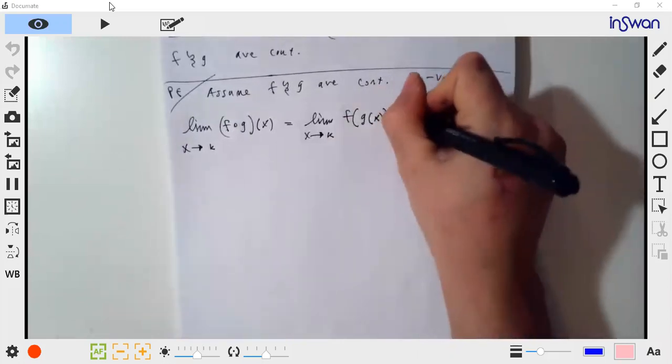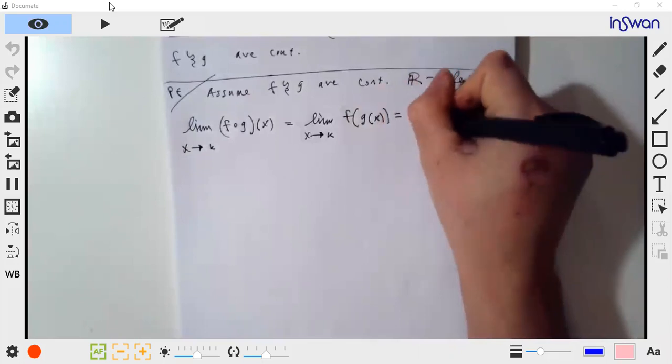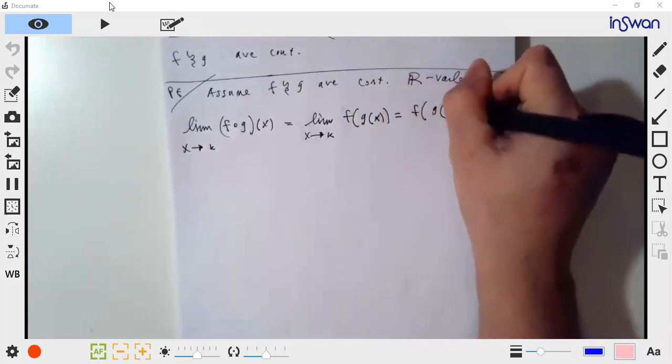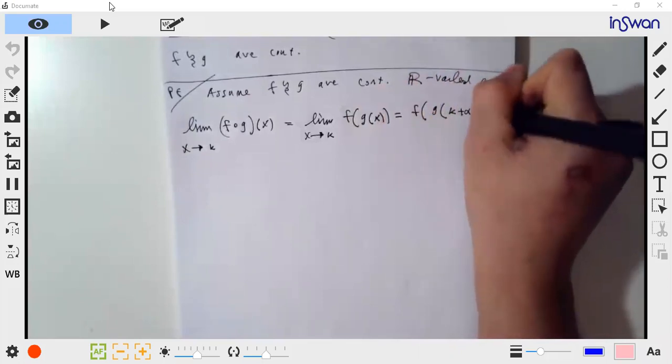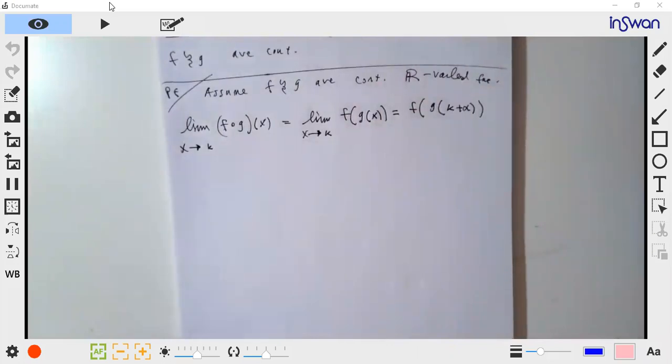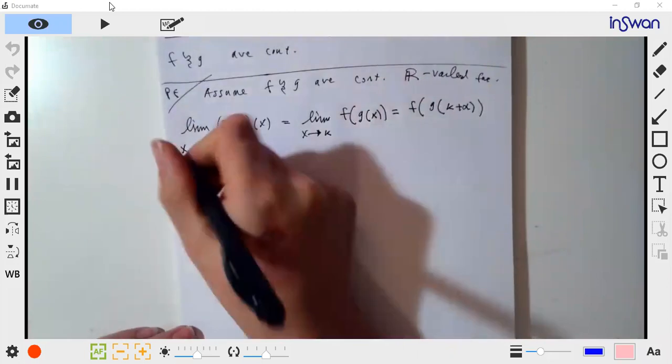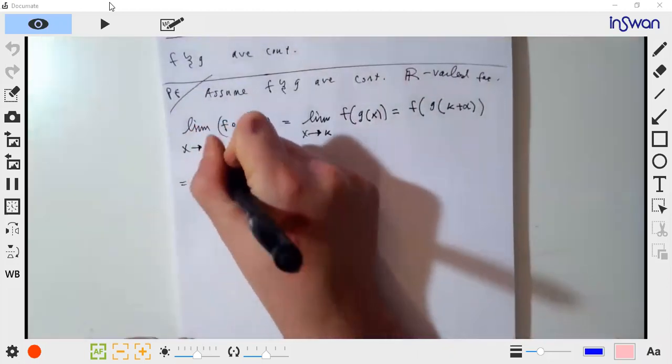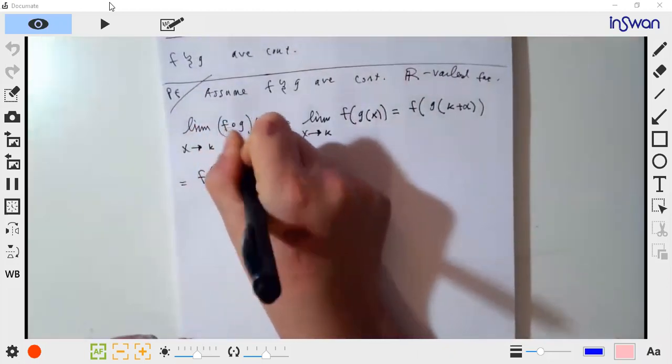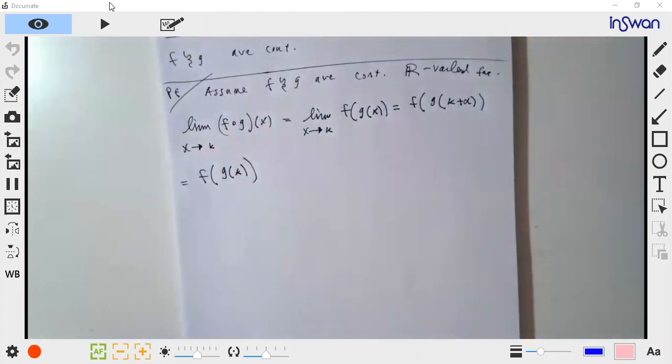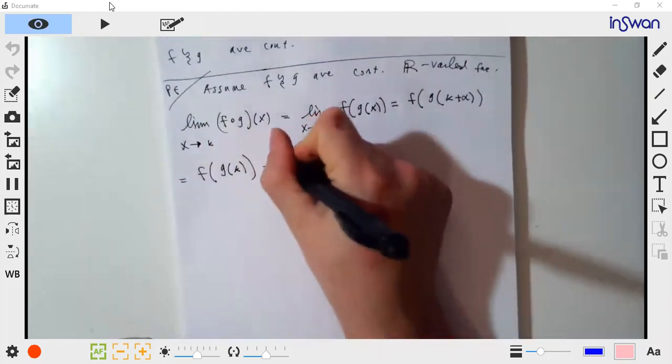But then we can take that limit away and say this is the same thing as f of g of k plus some arbitrary infinitesimal value alpha. But we know g is continuous, which implies that we may assert that this equation holds. But notice that by definition of composition of functions, this is the same thing as this.